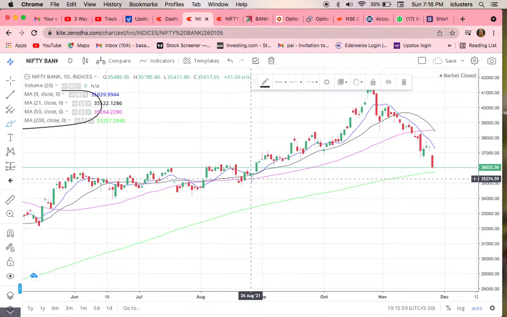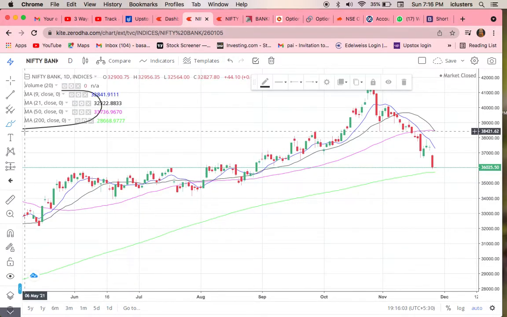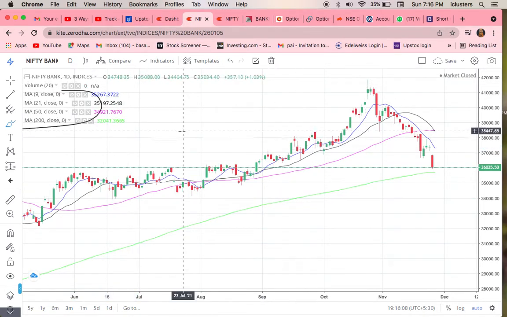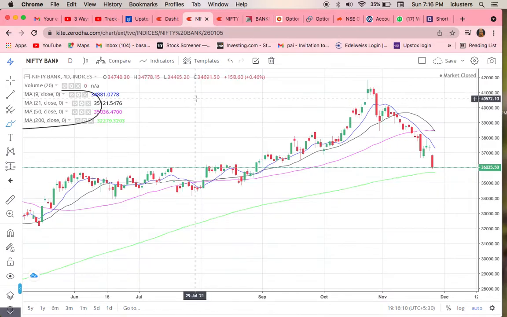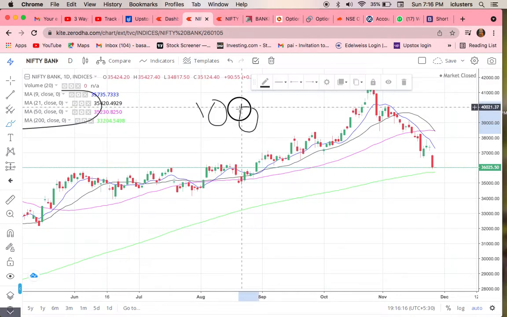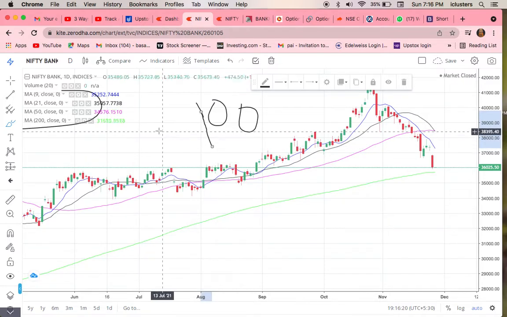First, let's discuss what a moving average is. For example, the price is 100 rupees and is currently running in the market.